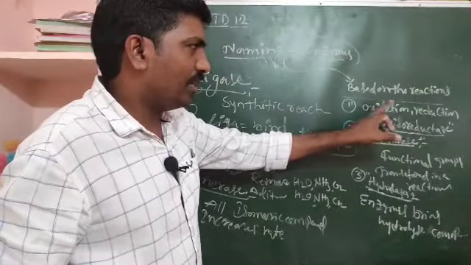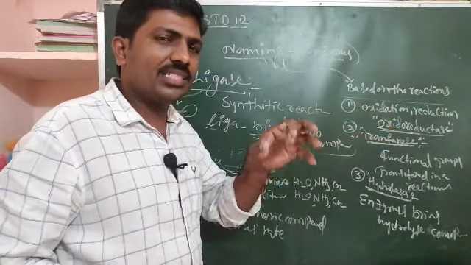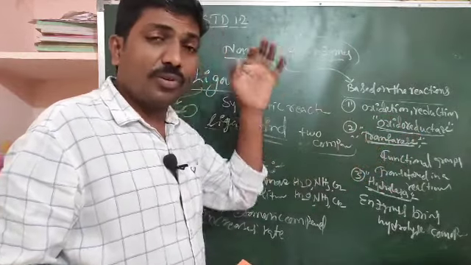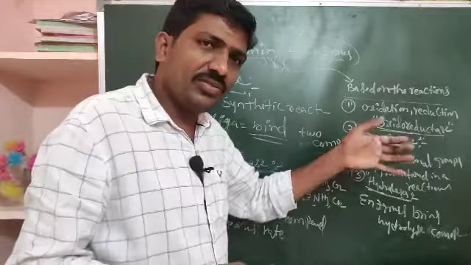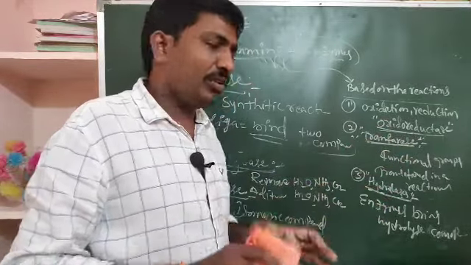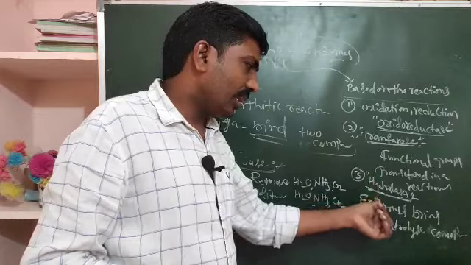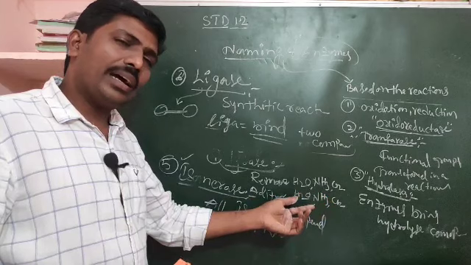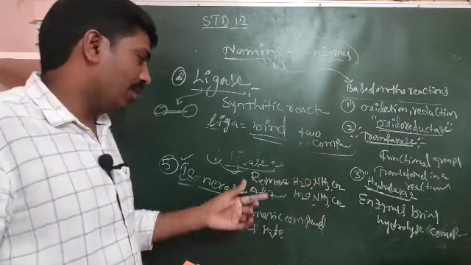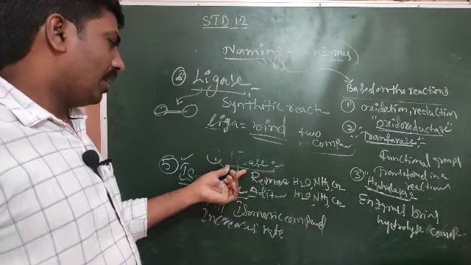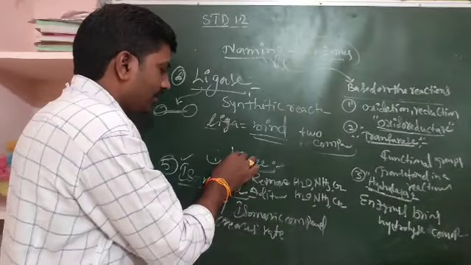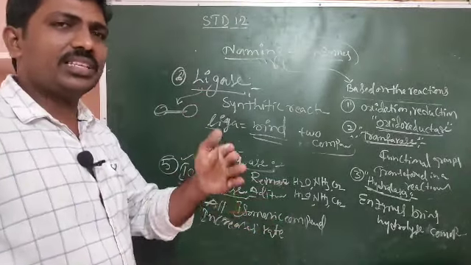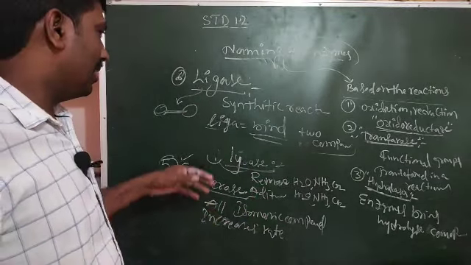Enzyme names, once again, are based on the reactions. For oxidation-reduction reactions, the enzyme is oxidoreductase. To transfer a functional group, we use transferase. For hydrolysis, we use hydrolase. For removal or addition of water, NH3 and CO2, we use lyase. For isomeric reactions, we use isomerase.